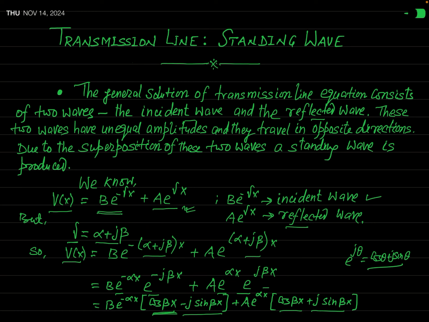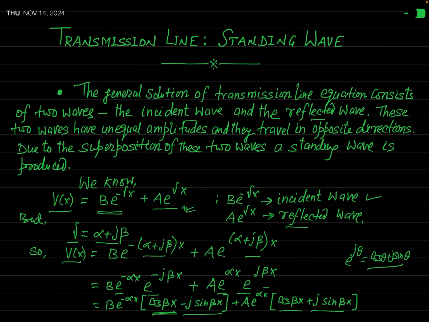In fact, our aim is to cast this equation for v of x, which will represent the equation of a standing wave, in a proper, convenient form. For this, let us see the first term of both of the terms in the RHS.